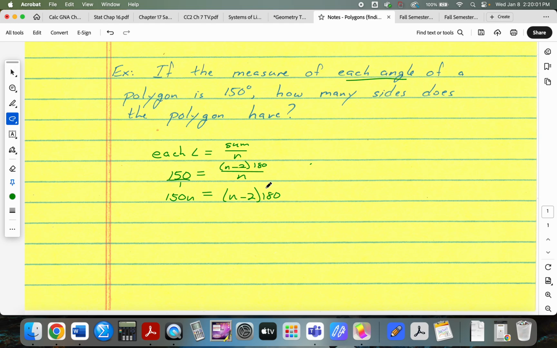So what I'm going to do instead is I'm going to distribute the 180. You can distribute from the back as well as from the front. So that's 150n is equal to 180 times n is 180n minus 2 times 180 is 360.